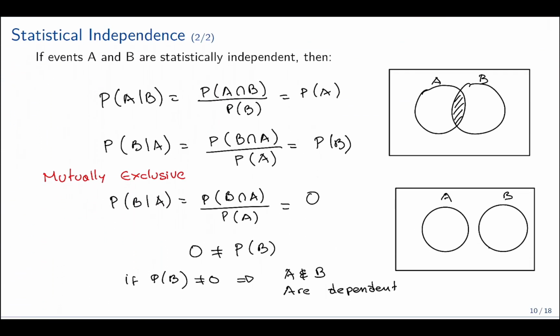Now, let's have a look at mutually exclusive events.